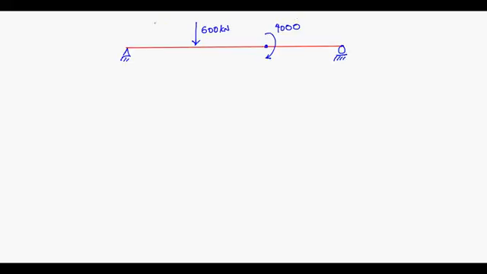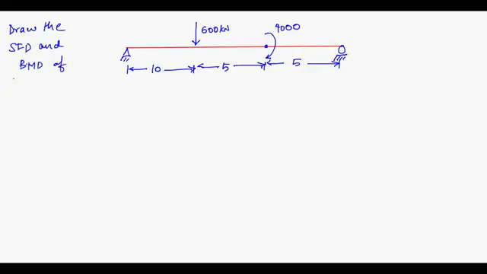Okay, the distances are given to you. This distance here is 10. Okay, this distance is 5 and this distance is again 5. Okay, for this question you have to draw the SFD and BMD of the beam.